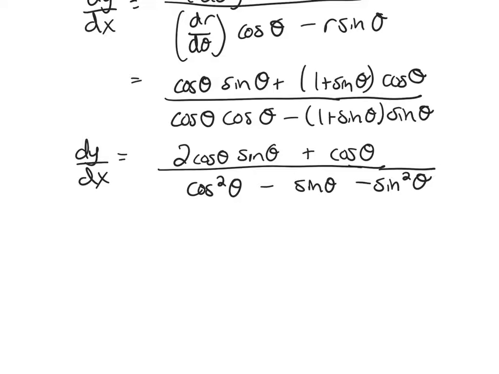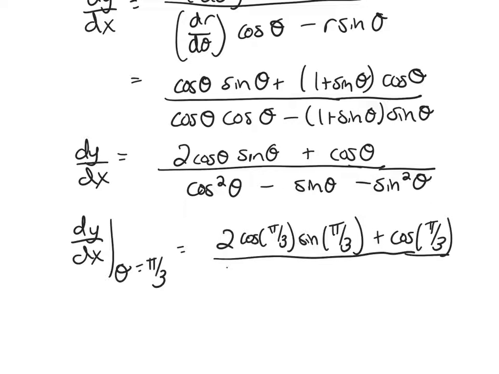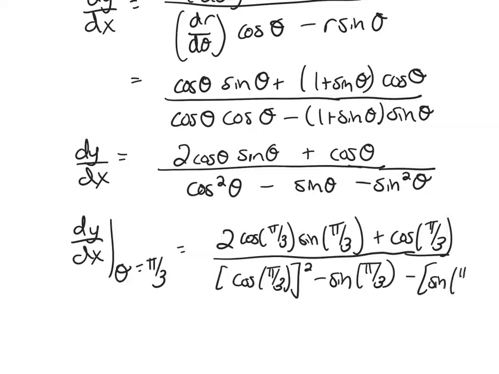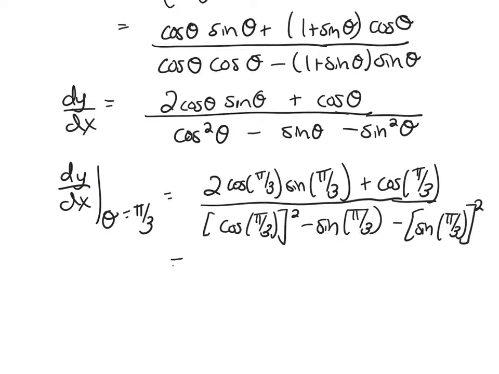Now I want to plug in theta equals pi over 3: 2 cosine pi over 3 sine pi over 3 plus cosine pi over 3, over cosine squared pi over 3 minus sine squared pi over 3 minus sine of pi over 3. So you've got to remember your trig values on your unit circle.